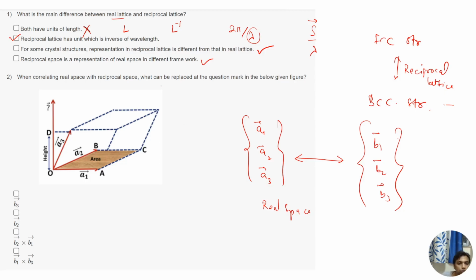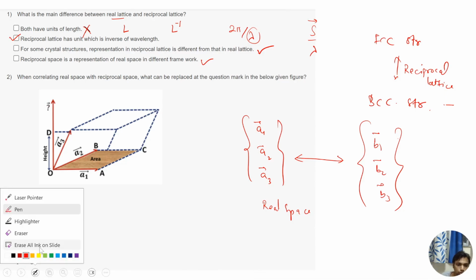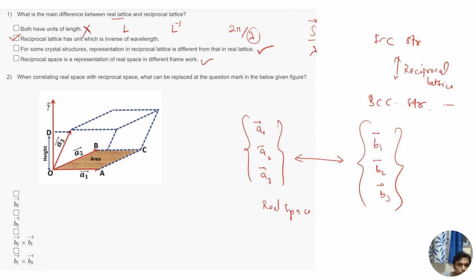So when correlating the real space with reciprocal space, what can be replaced at the question mark in the below given figure? That is the question. We want to find a replacement for this question mark. So what is this thing?